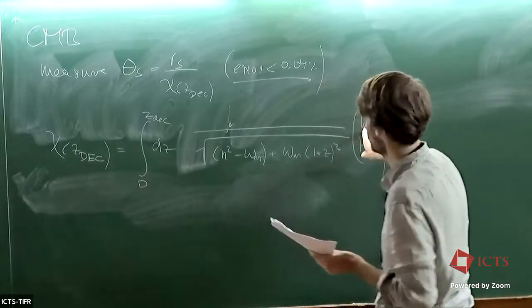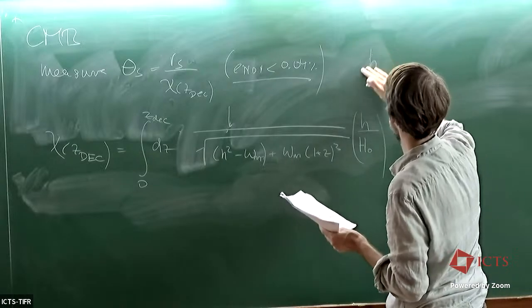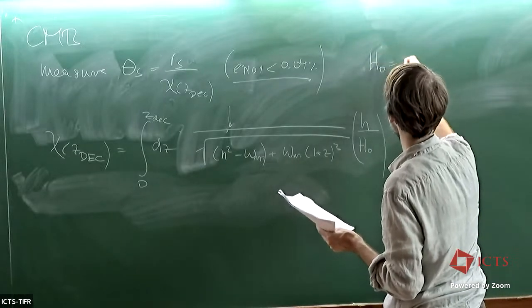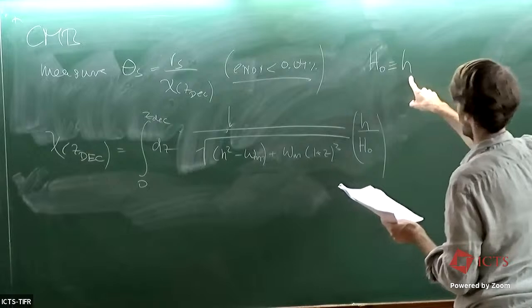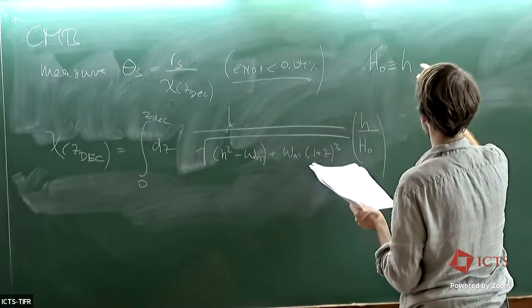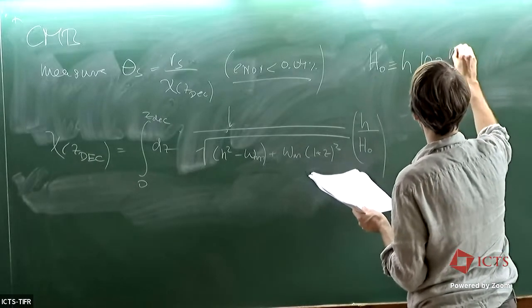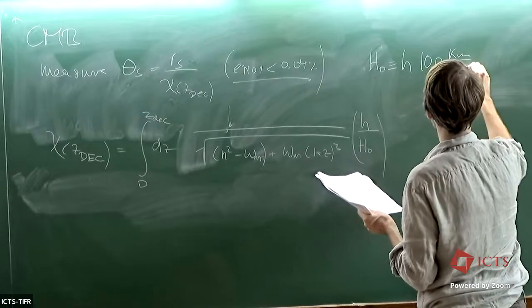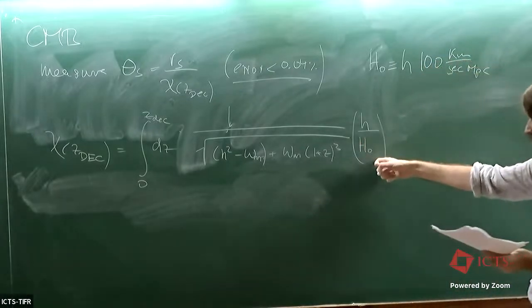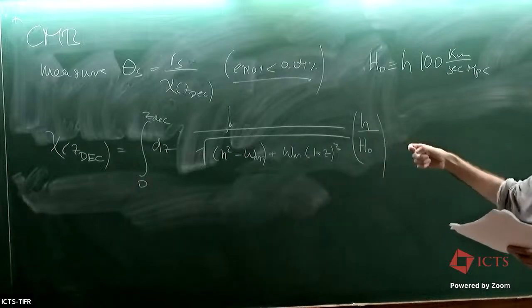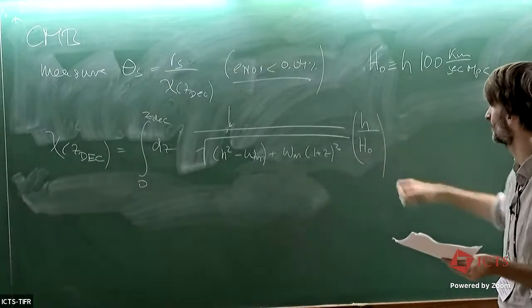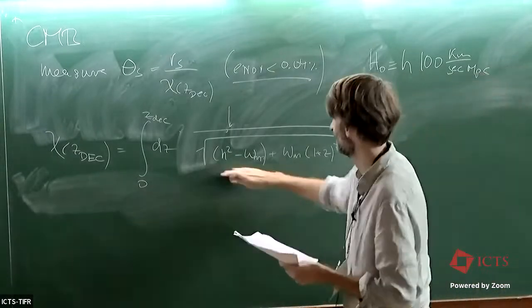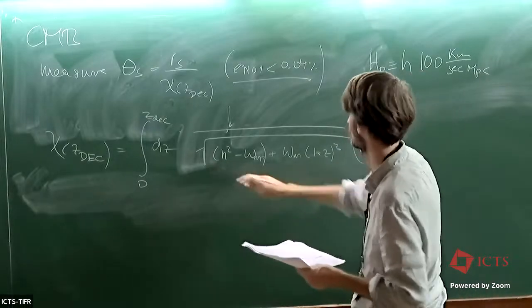Okay, so I introduced this little h. Little h is defined as the dimensionless Hubble parameter. So it's defined as capital H is little h times 100 kilometers per second per megaparsec. So this factor is just a number. It doesn't have a dependence on the Hubble parameter. It's just a convenient way of working out the dependence on Hubble.